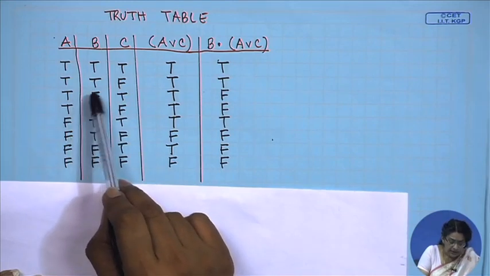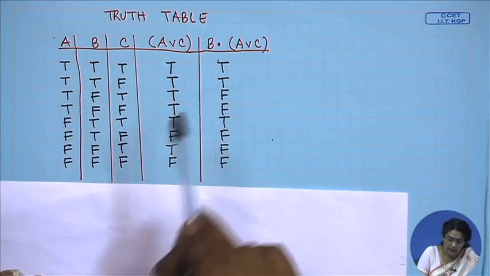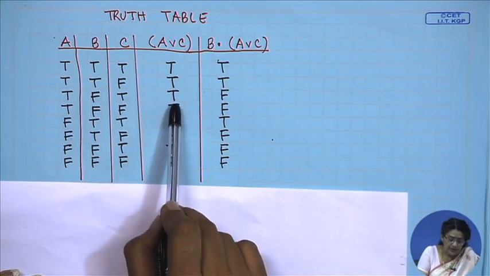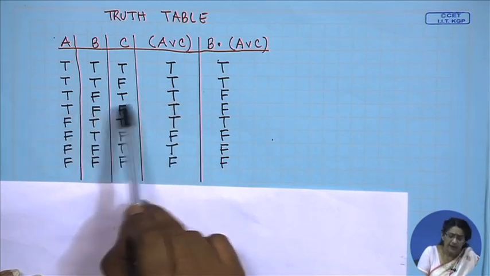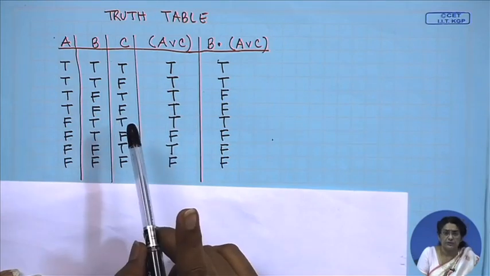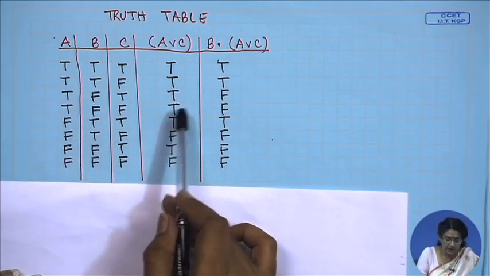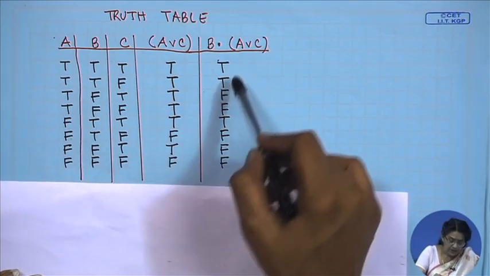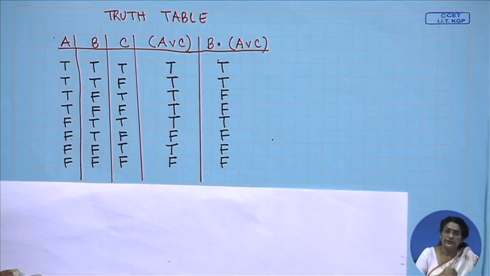This is also the case where you have both conjuncts true, but here B is F and A wedge C is true. It does not matter which one of them is false. If you have one false or both false in a conjunction, the returned value will be F. So, this is how this column has been filled out.